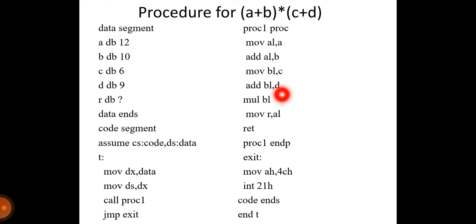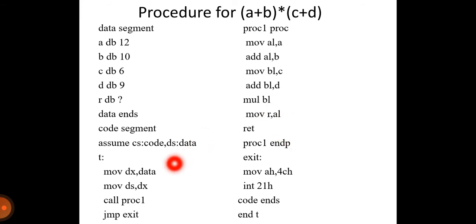MUL BL means we are actually performing AL into BL, and the result is stored in the AX register. If it is 8-bit, then it is stored in AL. So we are assuming that it is in an 8-bit register, and we transfer that to R. Then RET, and the procedure is ended by PROC1 ENDP.